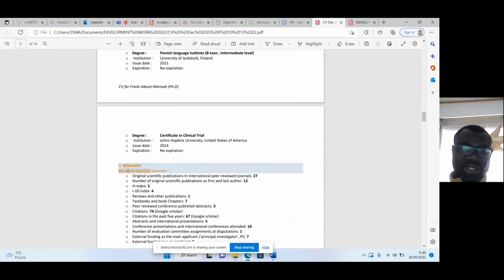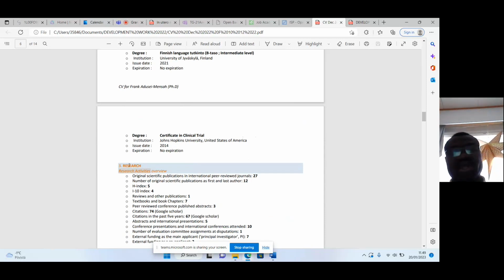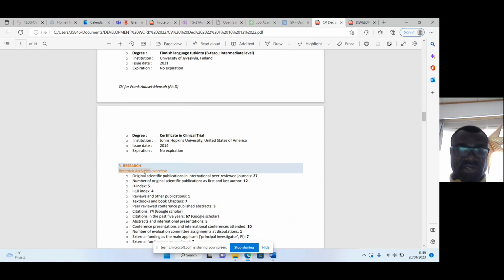So then level 3, after the education, is the research. The research is not just a list of publications. Here we have a research activities overview. I don't want to list all the research publications and all that.